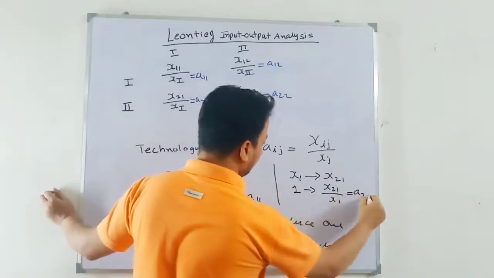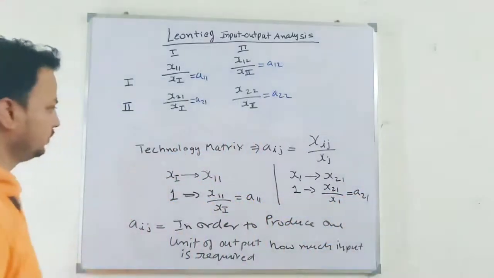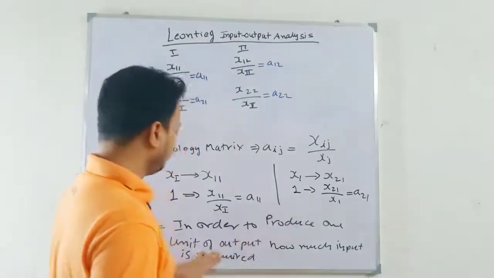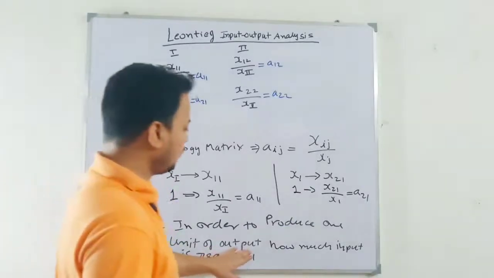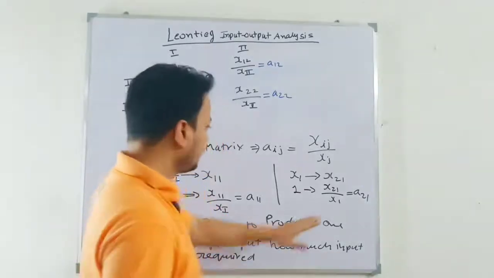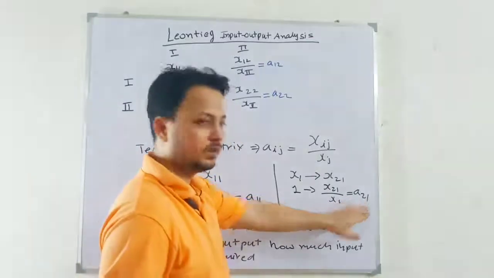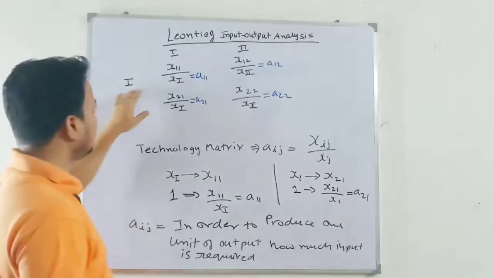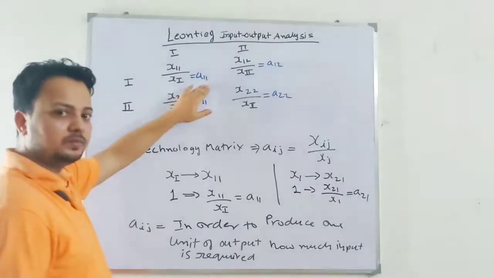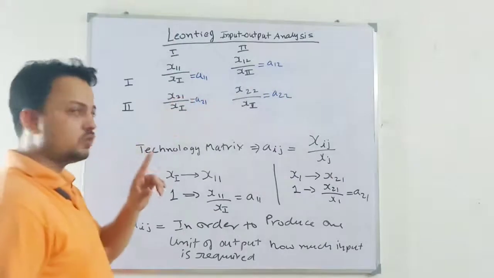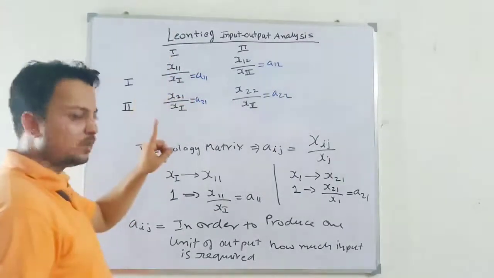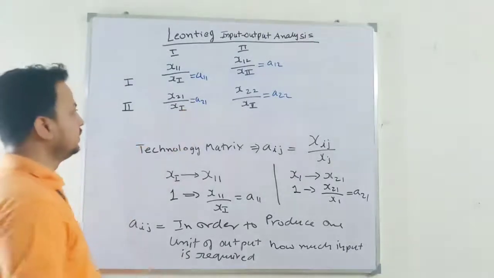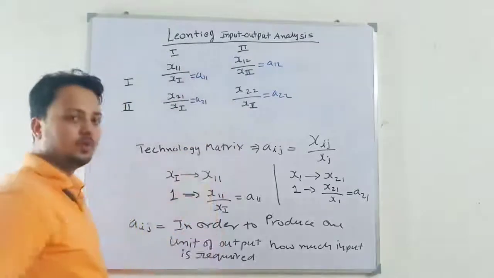This will be a21. So in order to produce 1 unit of output of industry 1, how much input do you require from industry 1? A11. How much input from the second industry? A21, because this is in conjunction with industry 1.